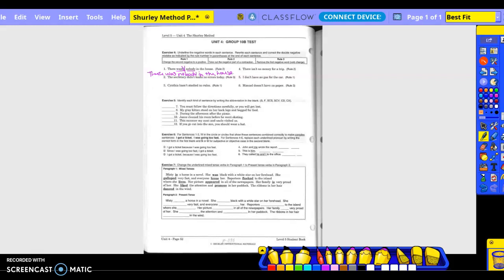Number 2, the secretary didn't make no errors today. So what are my two negatives? Didn't and no. Rule 3, remove the first negative word. So I'm going to get rid of didn't. Okay.